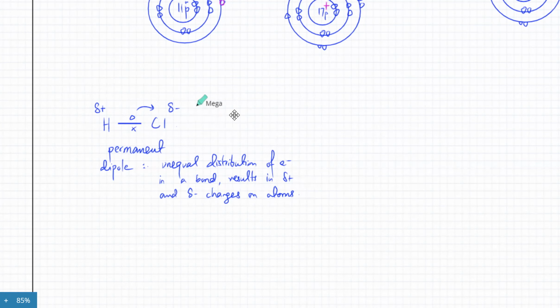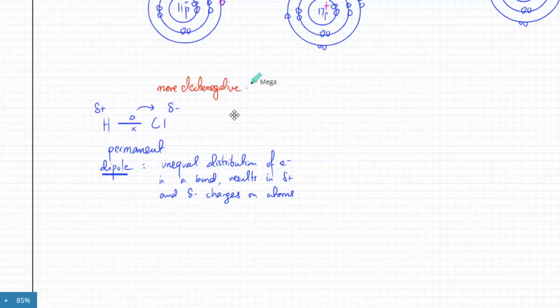A dipole means two poles. It literally means two poles. One is the slight positive side. The other one is the slight negative side. So you've got Cl over here, which is more electronegative.